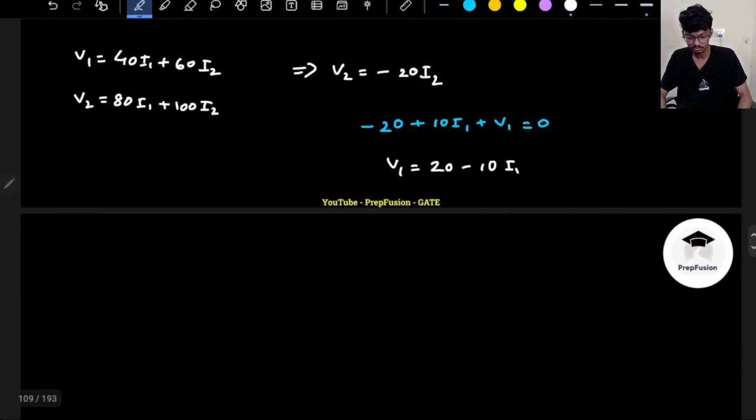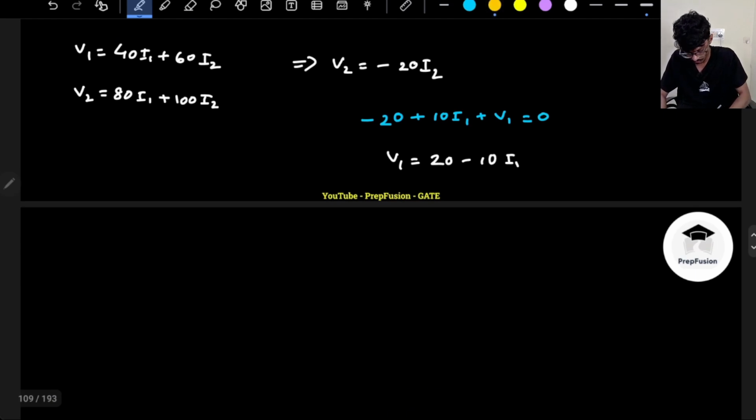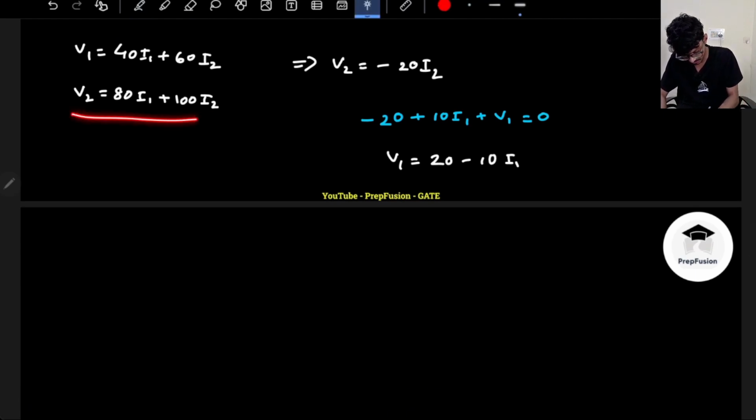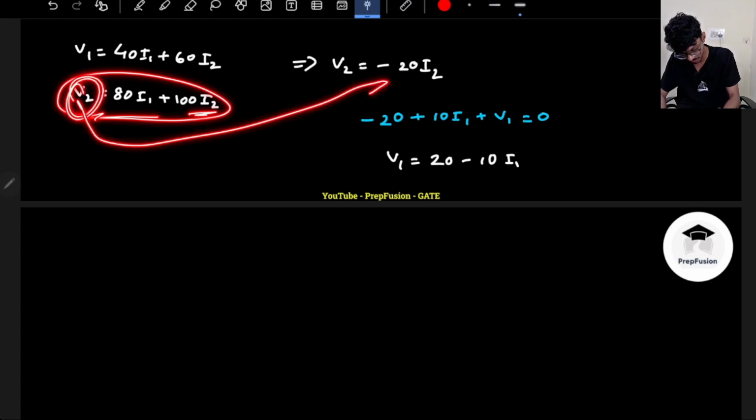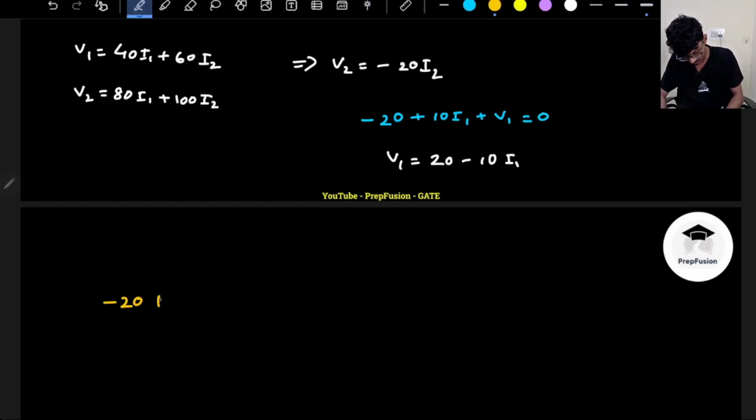So first I will replace the V2 value here. V2 is minus 20 I2. So minus 20 I2 equals 80 I1 plus 100 I2.